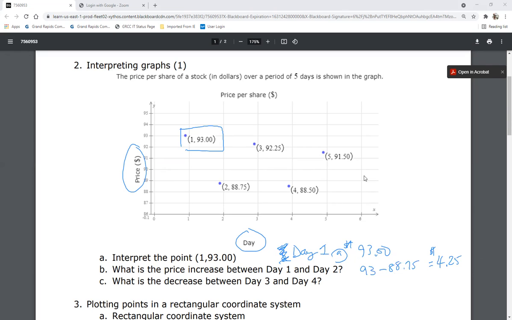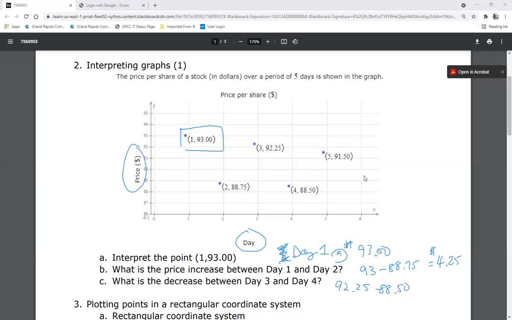All right, and part C, what is the decrease between day 3 and day 4? I do have day 3 and day 4 correct on this one, because the price is going down. Again, the price difference is going to be 92.25 minus 88.50. I think this one is easy enough that you can do it without a calculator.